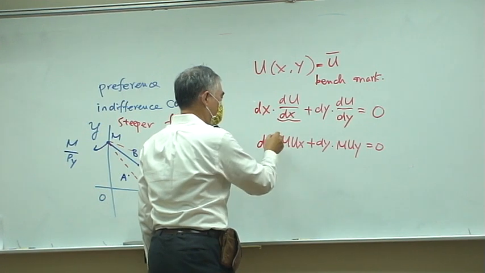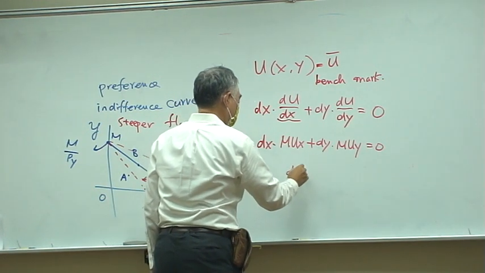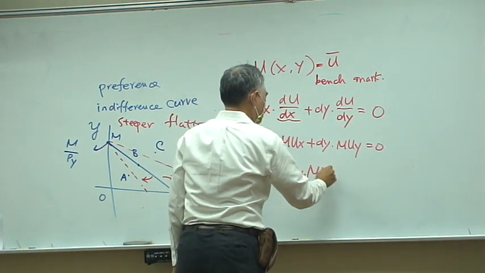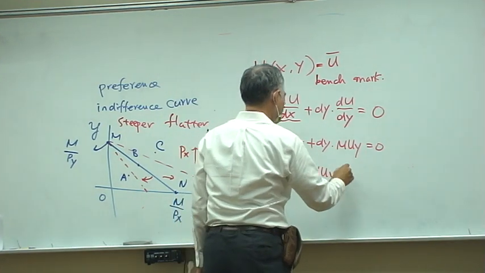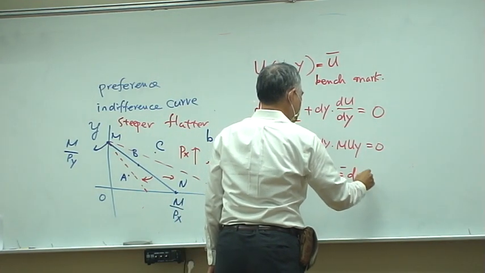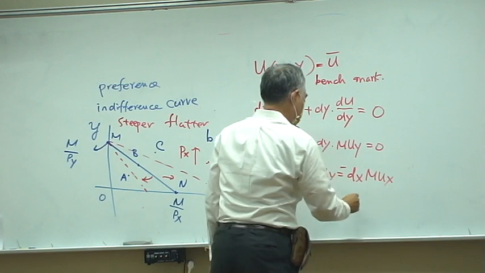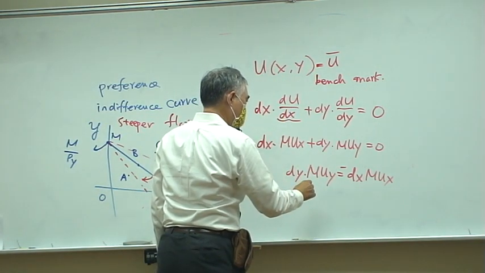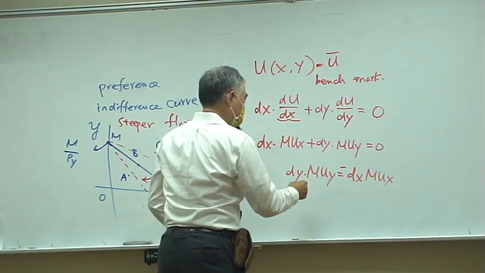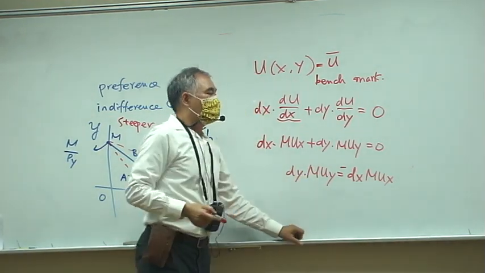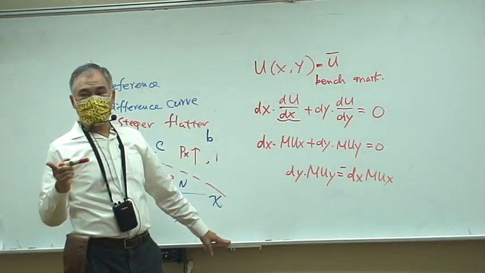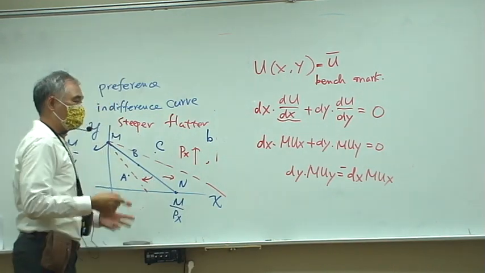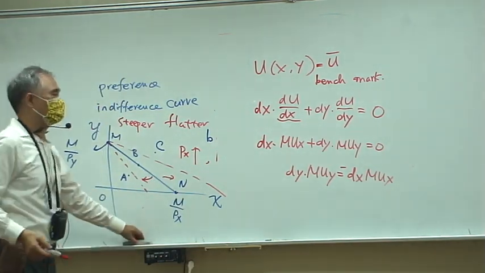Okay, so then we move this to the other side. dy times MUy is equal to negative MUx. And then I'm going to draw you a chart to tell you how it looks.